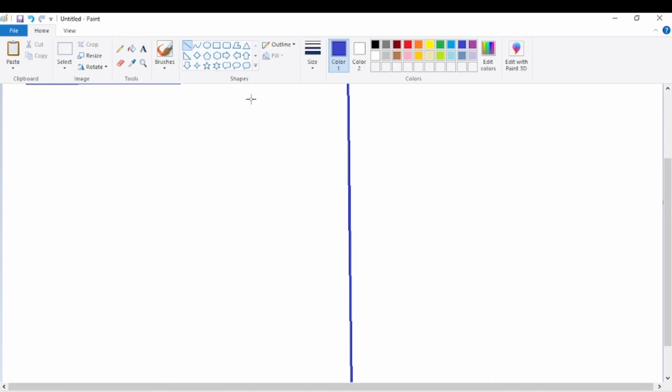Now consider a uniform electric field like this. It's directed, say, upwards, or simply the direction can be taken as towards north, this way. I'll just draw the vector like this. So this is the uniform electric field.